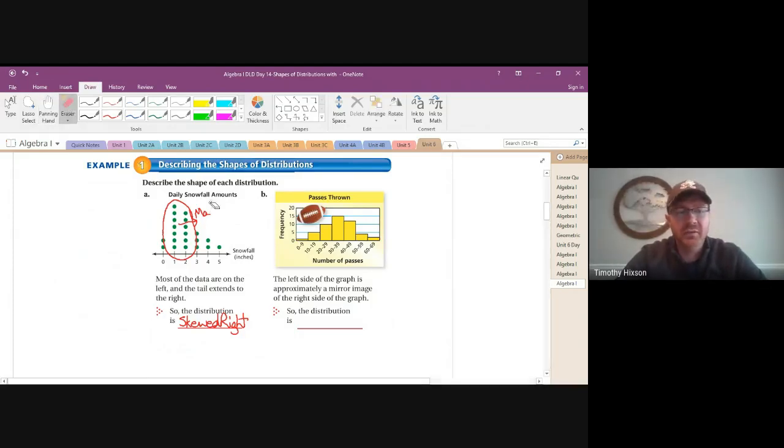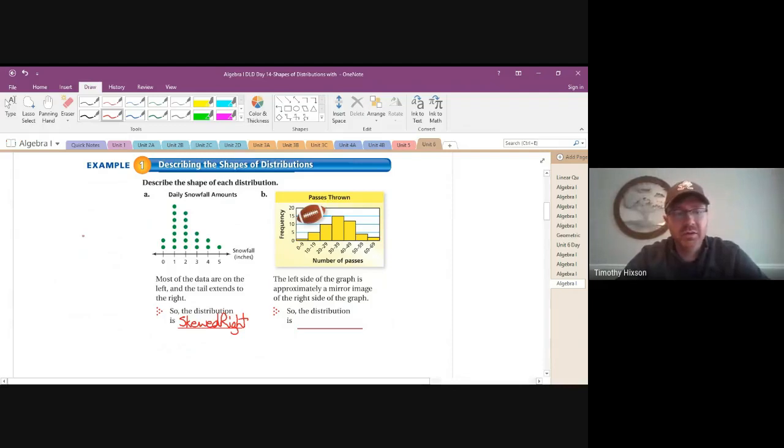Now, I'm not going to do this on all of them, but since there's not a whole lot of data, and this is a pretty easy one to do, I'm going to show you the values for the mean and the median. So we have 1, 2, 3, 4, 5, 6, 7, 8, 9, 10, 11, 12, 13, 14, 15, 16, 17, 18, 19, 20, 21 days.